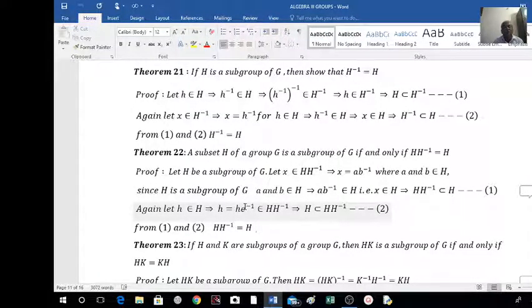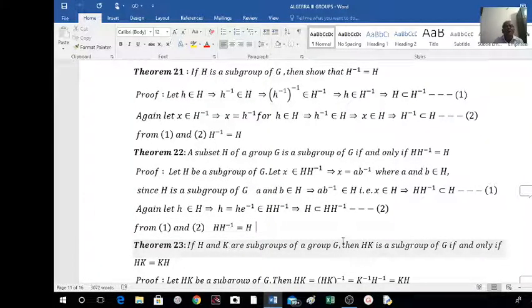Yes, because H is a subgroup, therefore e belongs to H, so e inverse belongs to H inverse. This belongs to H and this belongs to H inverse, therefore the whole element belongs to HH inverse. I have taken h belongs to H and proved that h belongs to HH inverse. This proves that H is a subset of HH inverse. From 1 and 2, we can write HH inverse is equal to H.